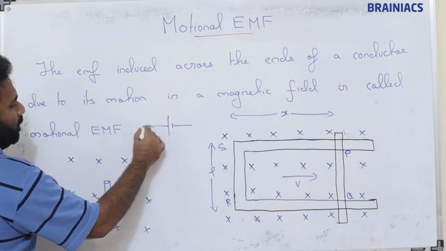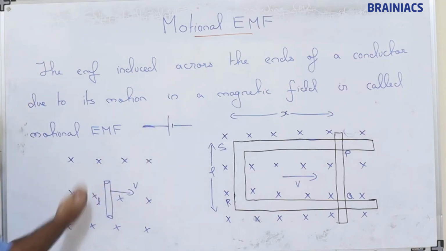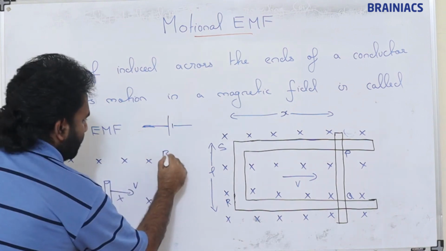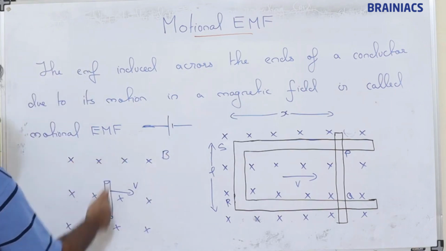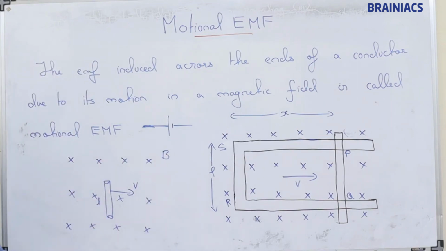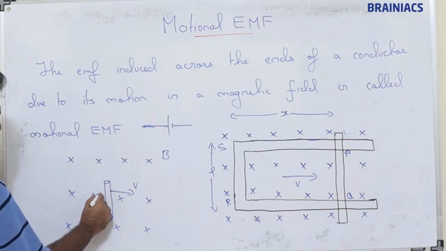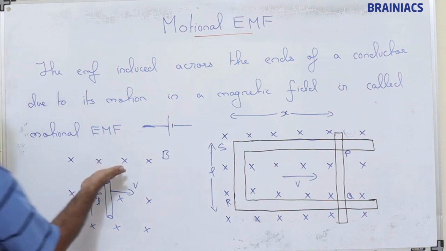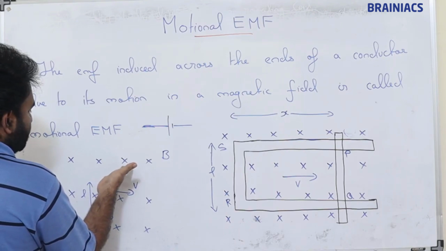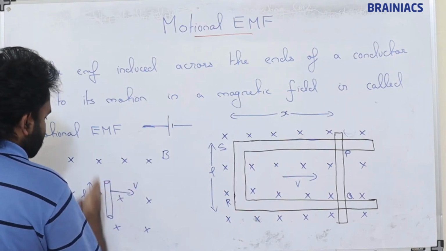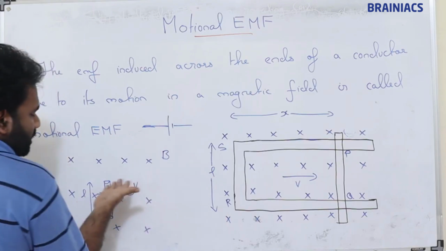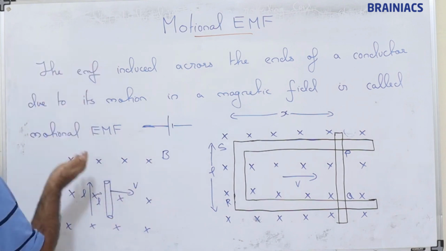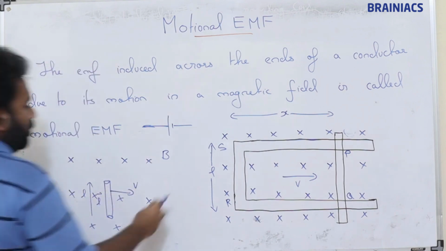If we consider the length as a vector, this is the direction of length, this is the direction of magnetic field, and this is the direction of movement, velocity. Where the palm is showing, place the positive terminal there.